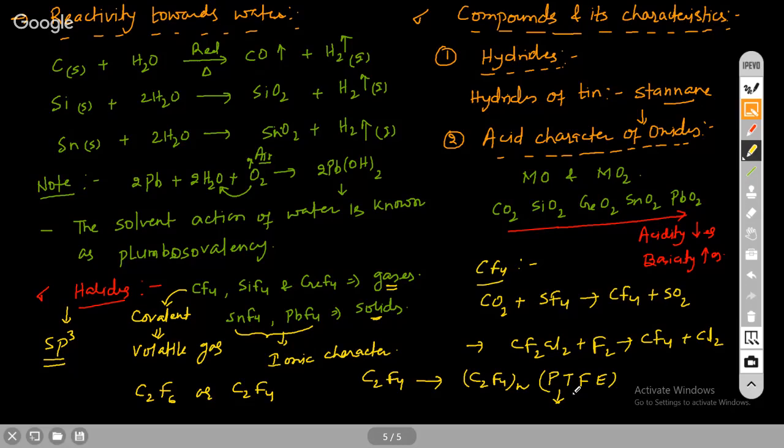It is chemically inert in nature, heavier and more dense.